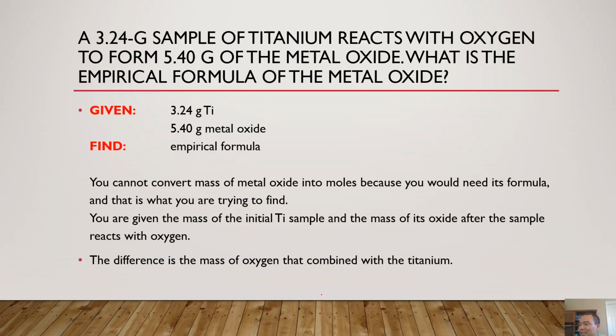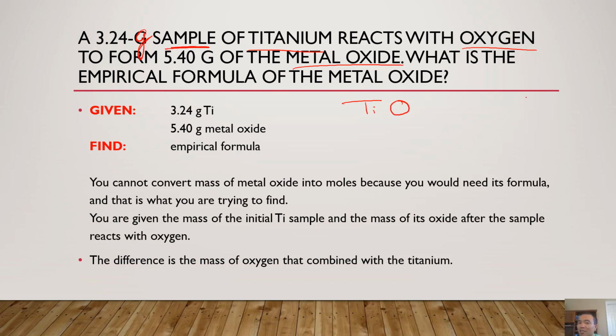In this example, we give you a 3.24 gram sample of titanium reacting with oxygen. Okay? And it forms a certain metal oxide. So in this metal oxide, it must be titanium and oxygen.